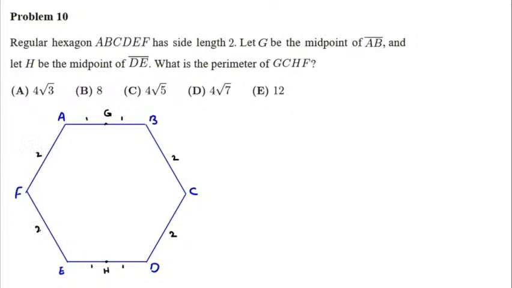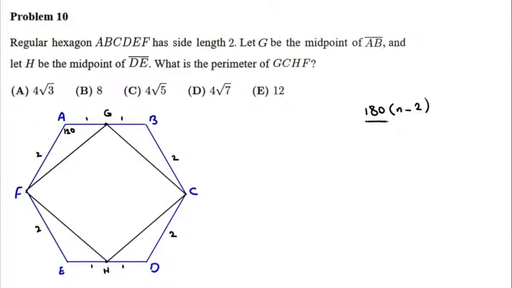And then the problem says what is the perimeter of GCHF. So if we want to find the perimeter of GCHF, we have this length. All lengths are equal because you can see all these triangles. The angle is 120. How do you understand the angle of a regular hexagon? Each angle is 120 because the sum of the angles for a polygon with n sides will be 180 times n minus 2.